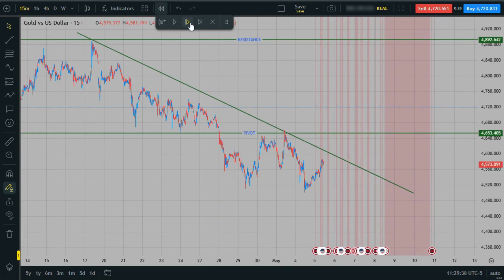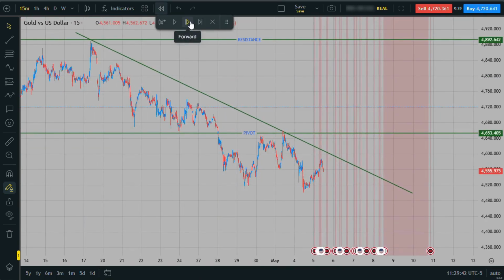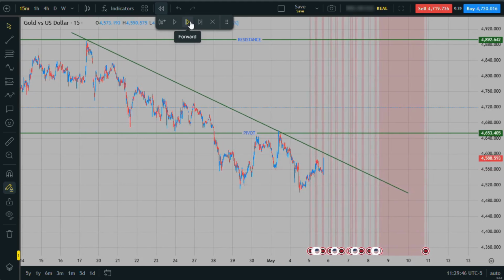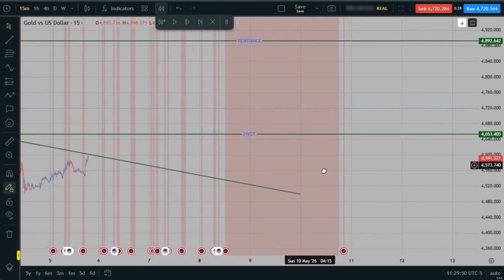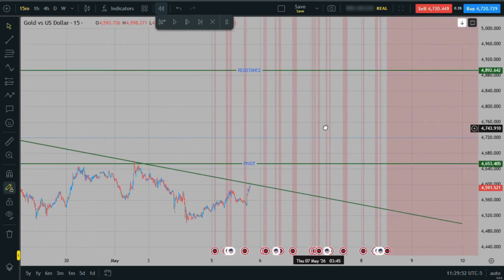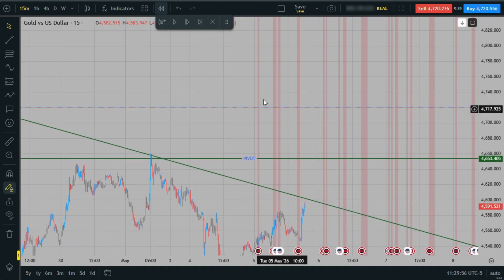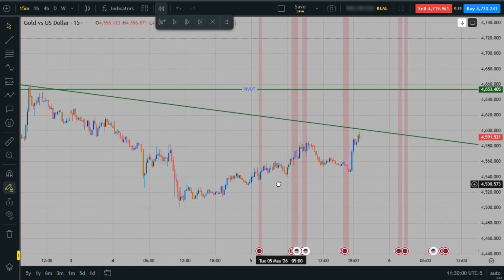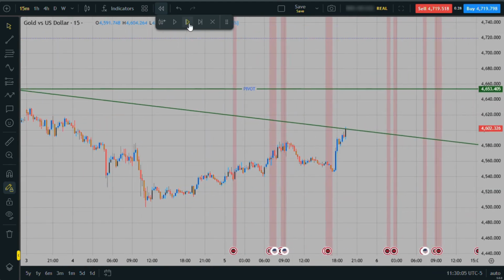So I waited for price to move. I was very sure that when price gets to that trend line, it's going to do one of two things, either break the trend line and continue upwards or reverse. So let's see what happened.